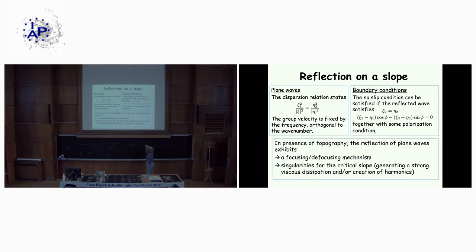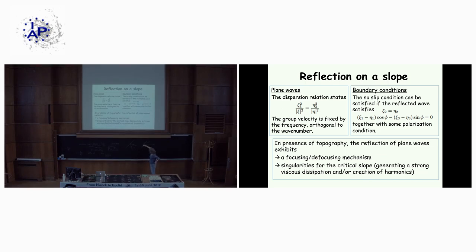What is fixed by omega here is the angle with the horizontal. So when you have a reflected wave, this angle should be preserved. The angle here should be preserved, not the modulus, the angle.